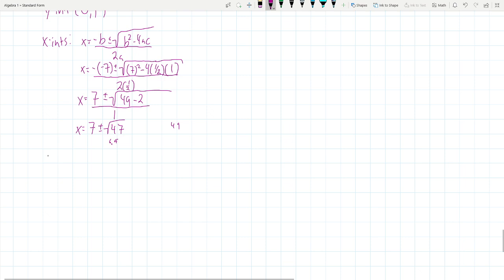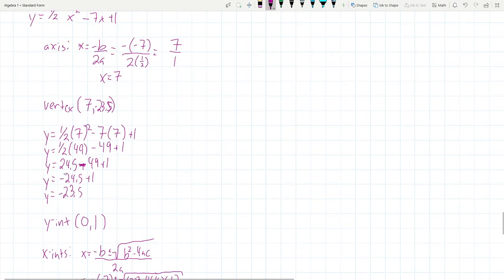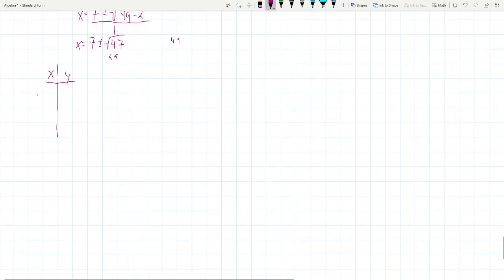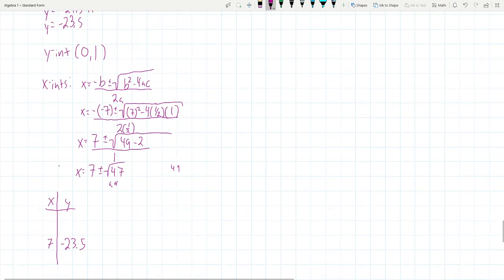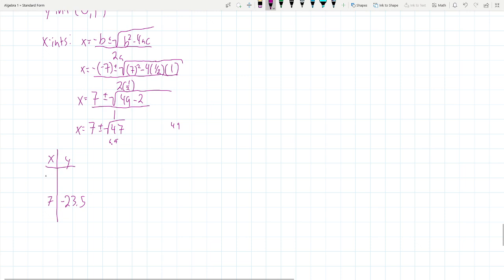All right. So the next thing that I do is I make a table of values, x, y's. And I'm going to start at my vertex, which we said was 7, negative 23.5. And we didn't really have any nice numbers until we got to 0.